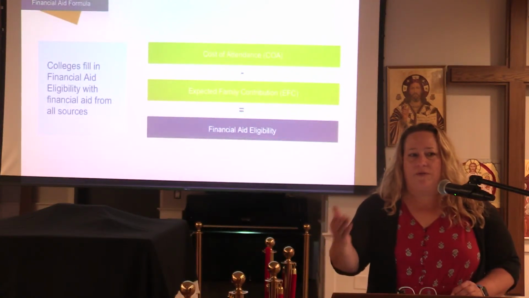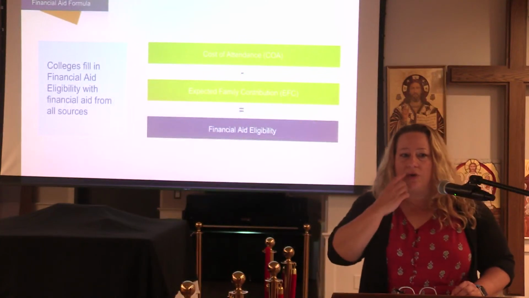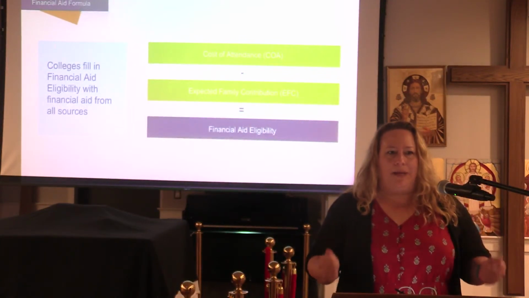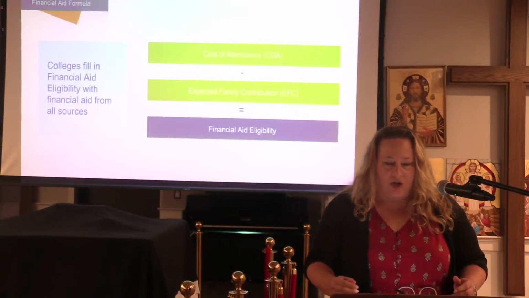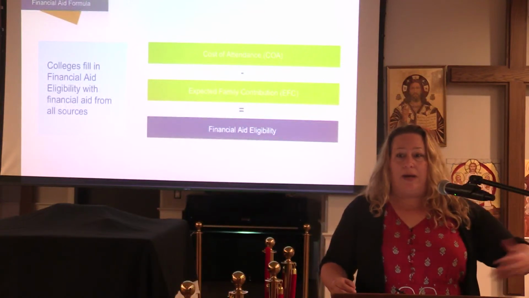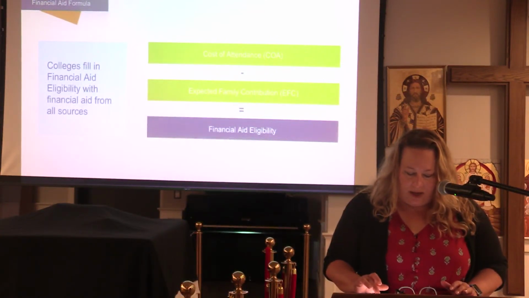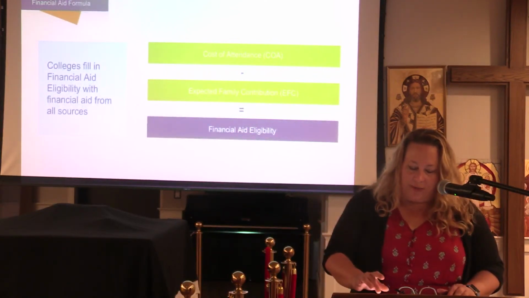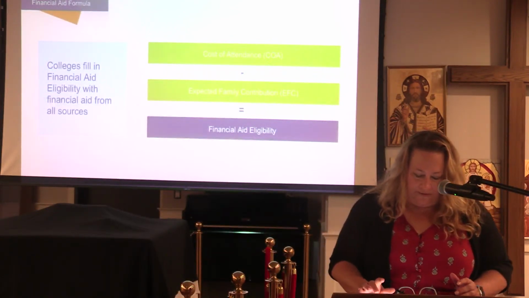If you have younger children, or you're a freshman or sophomore, and want to find out what your contribution is going to be in a few years, you can price that out and estimate it now with some of these calculators. So they take the cost, deduct your family contribution, and that's what you're eligible for in financial aid.